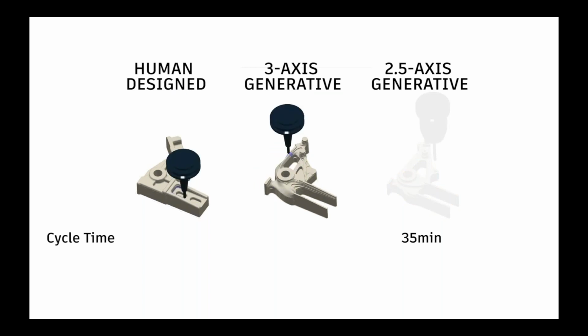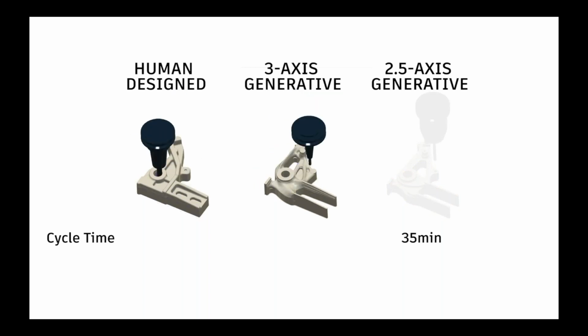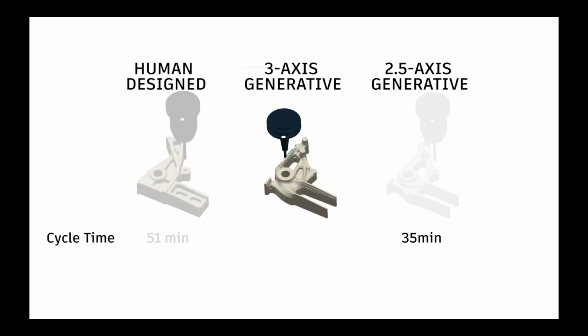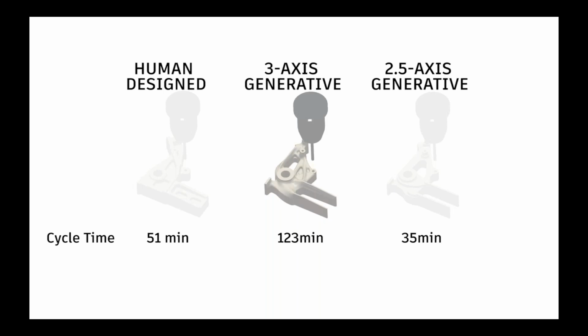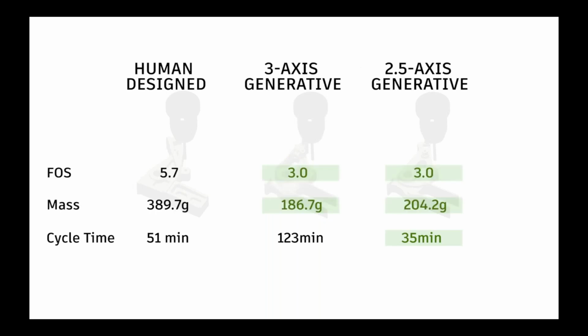And so their current design was taking about an hour, right? The lightest option they had looked at from a 3-axis perspective was taking about an hour and a half. But that 2.5-axis one that they were able to investigate, that wasn't something they had previously thought of, was only 35 minutes.